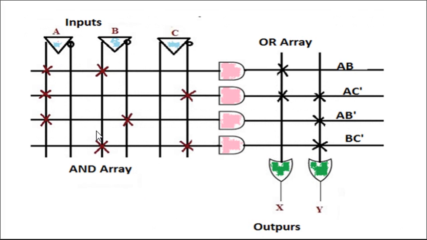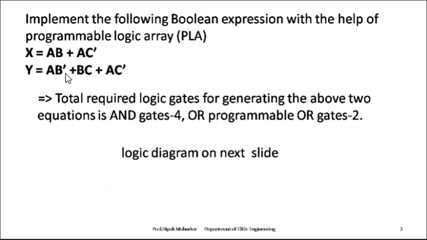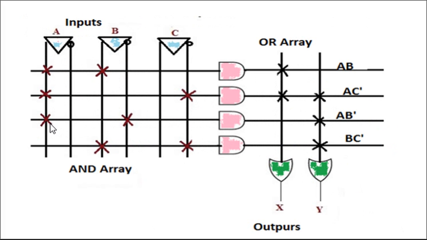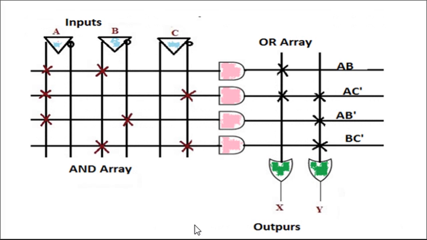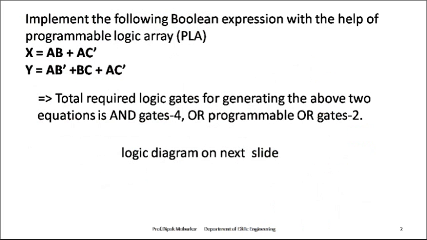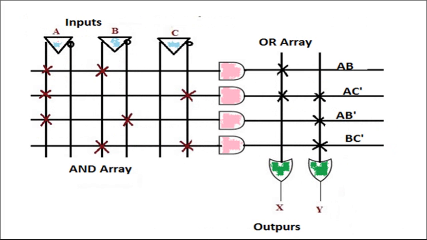See now, first a b, second a c dash, third a b dash, and b c. Here is b and c dash, here is b and c dash, and here is b and c dash.